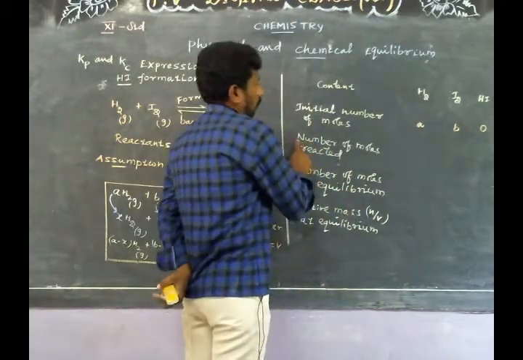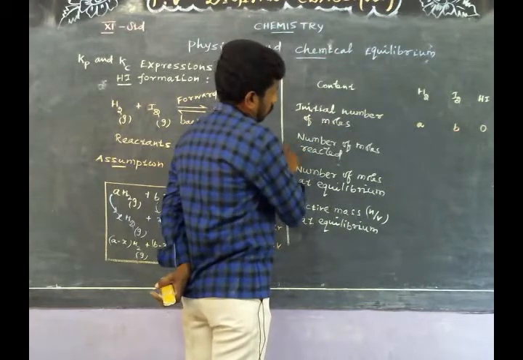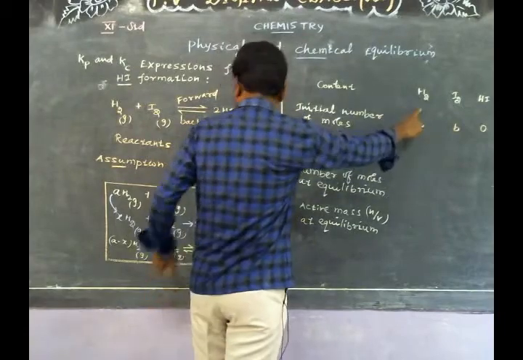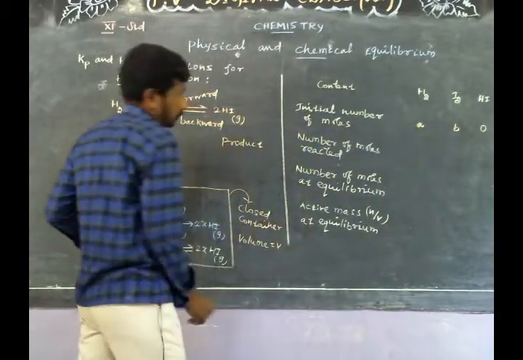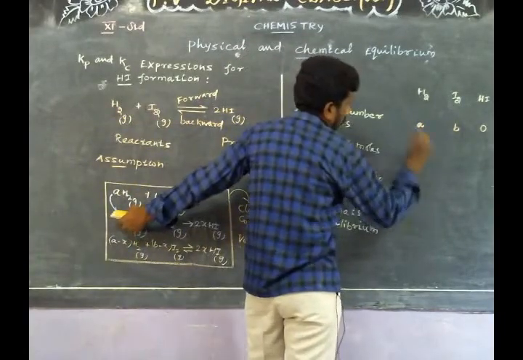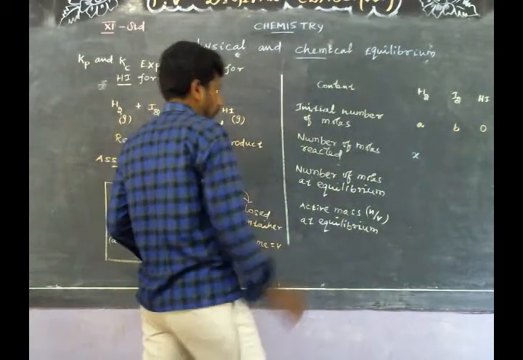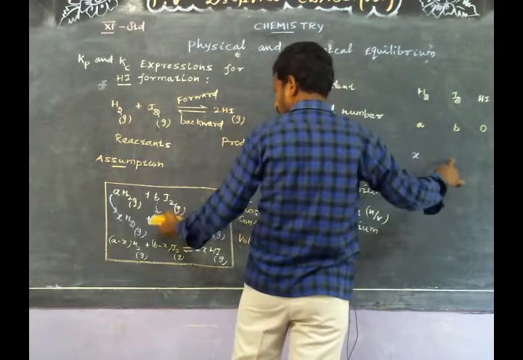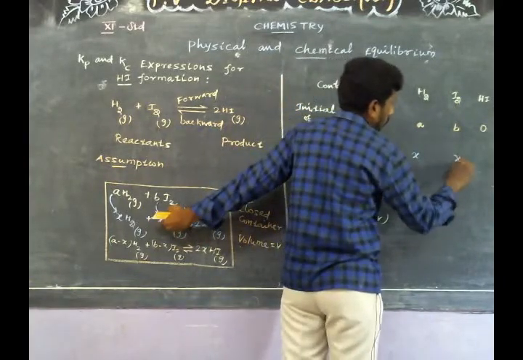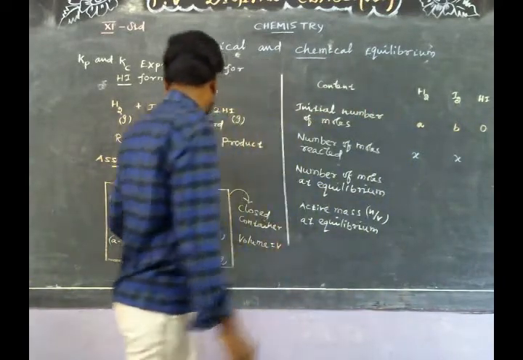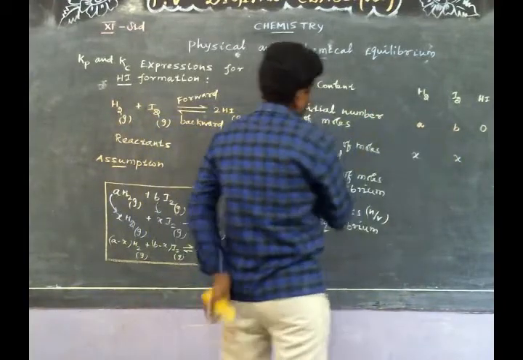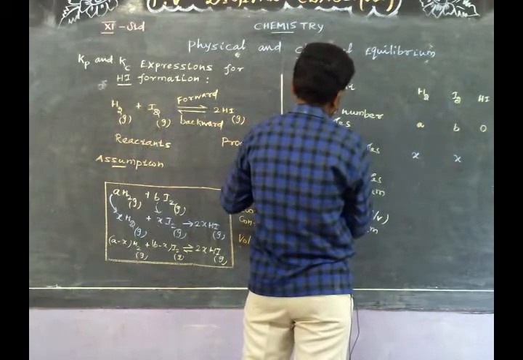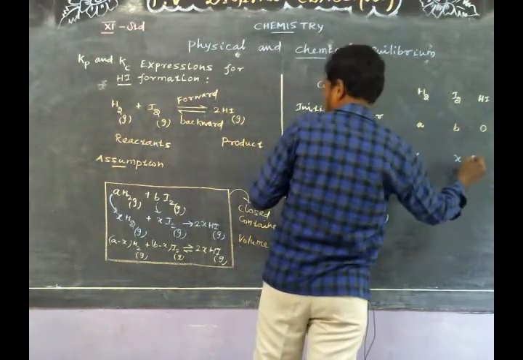Then number of moles of reacted hydrogen gas is X. Then number of moles of reacted iodine gas is X. Then number of moles of reacted hydrogen iodide gas is 0.